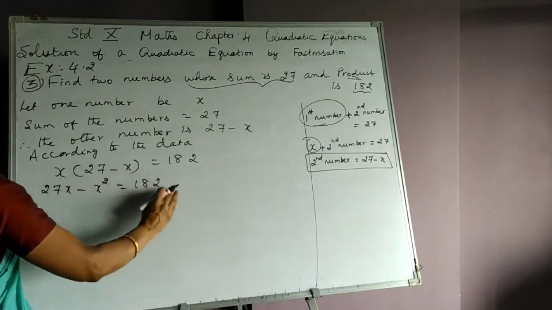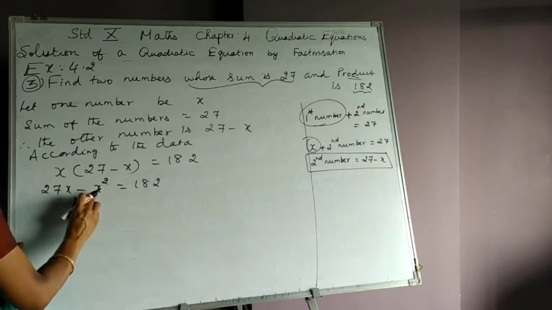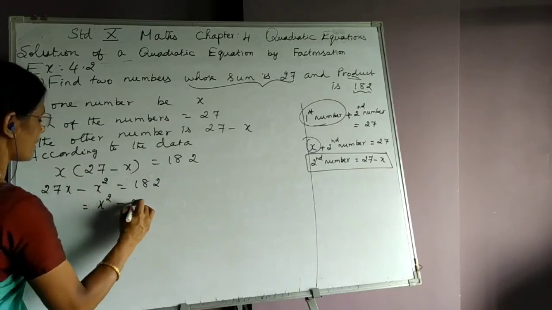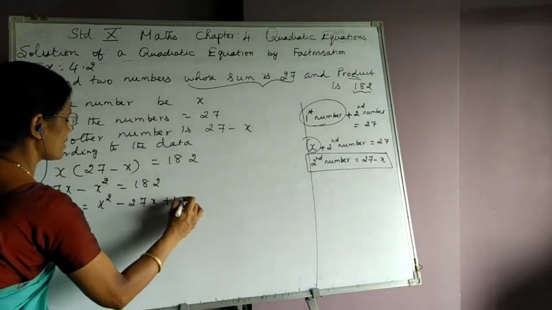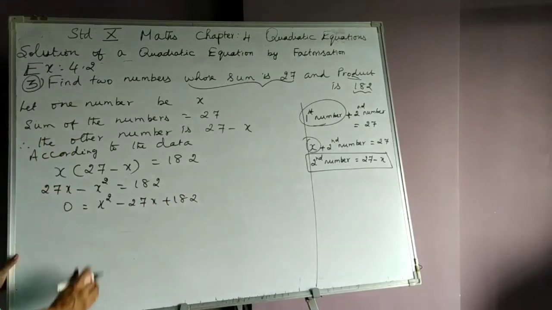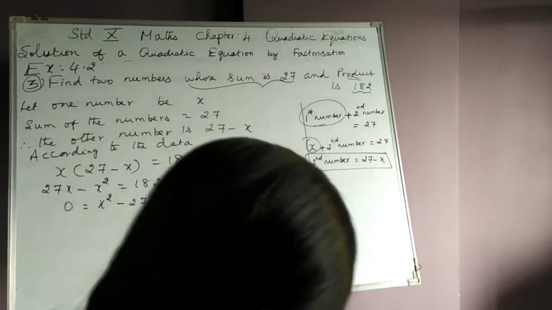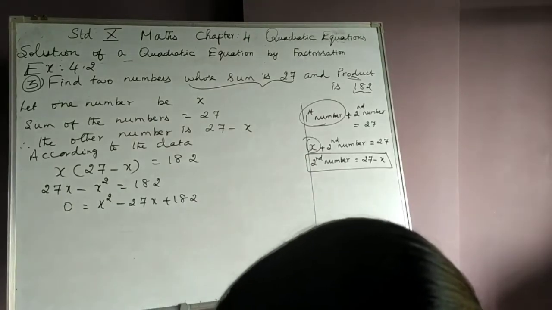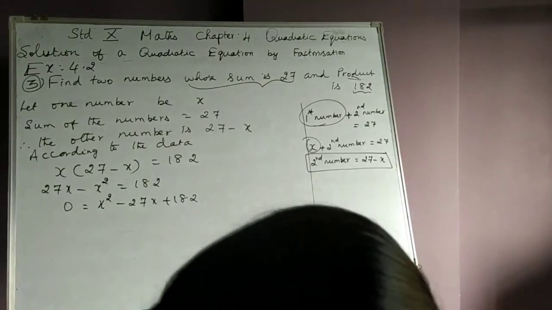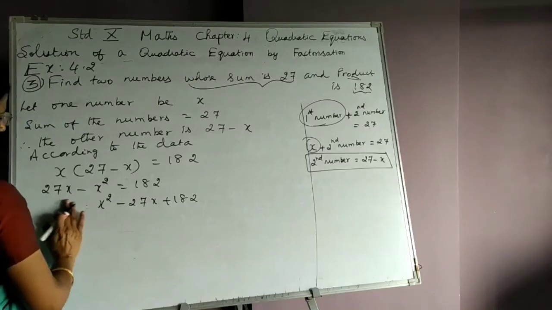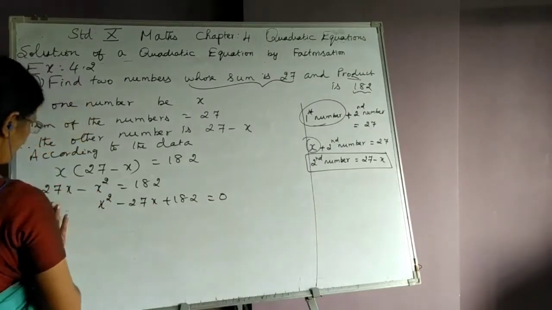I shift all the terms to the other side to get x square positive. So we get here x square minus 27x plus 182 equal to 0. So the 0 we can take it this side also, right?